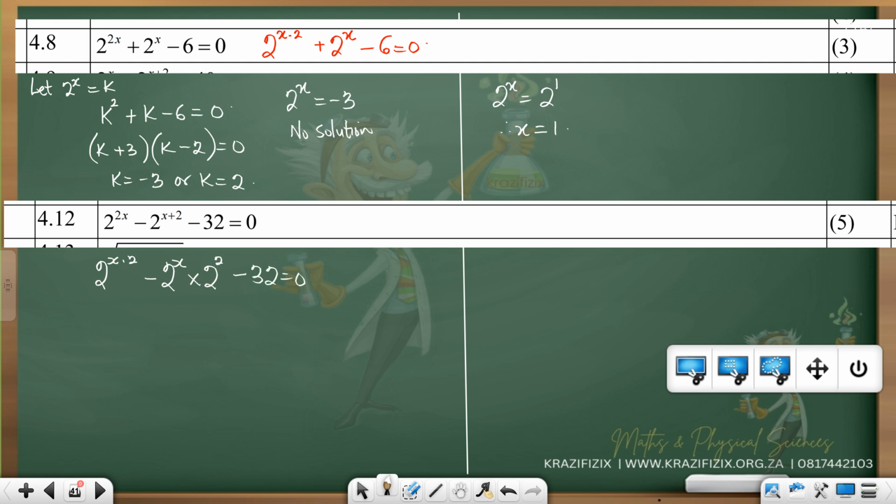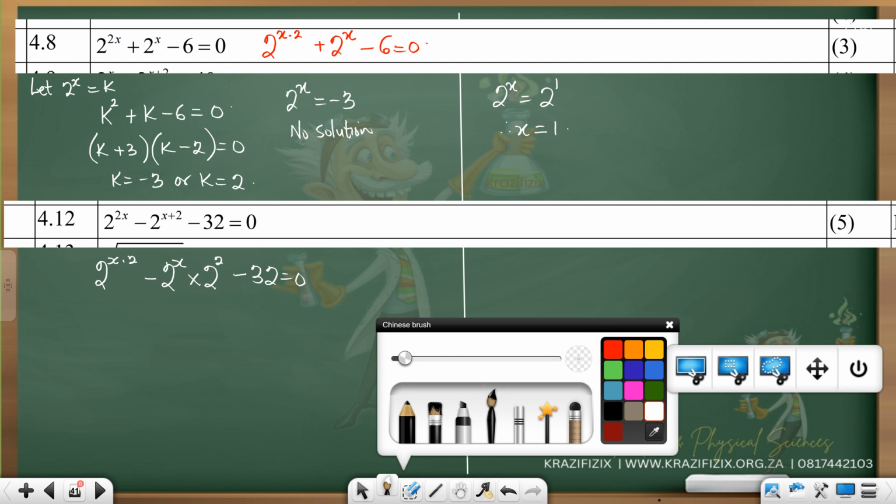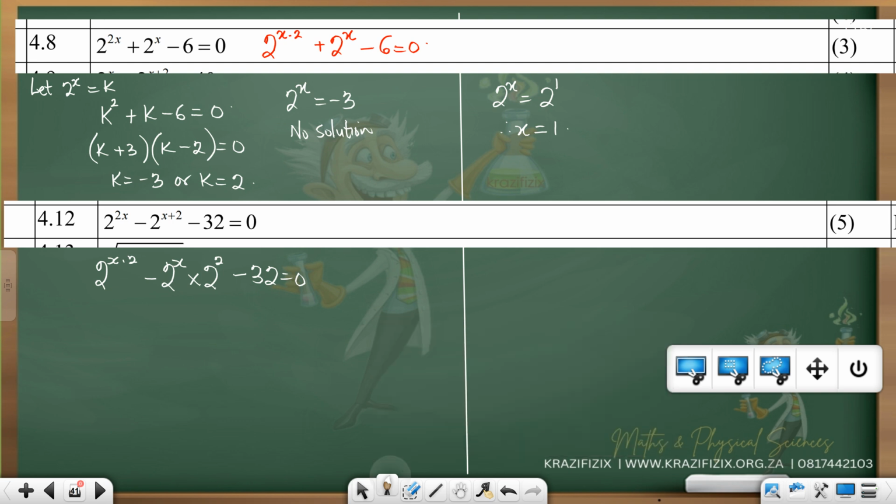What law am I using here? It's the first law. The first law states that a to the power m times a to the power n is a to the power m plus n. So I can split it back. So I have 2 to the power x plus 2. It is the same as 2 to the power x times 2 to the power 2. I hope that makes sense.